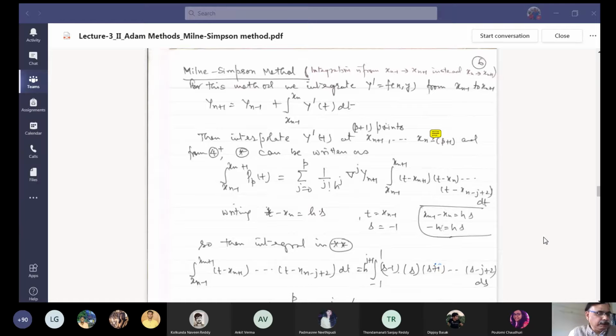So note that down. It is written on page number 6: interpolate y prime at p plus 1 points, xn plus 1 to xn minus p plus 1. Write that down in your register. The points for your Milne-Simpson method are xn plus 1 to xn minus, inside the bracket, p minus 1.